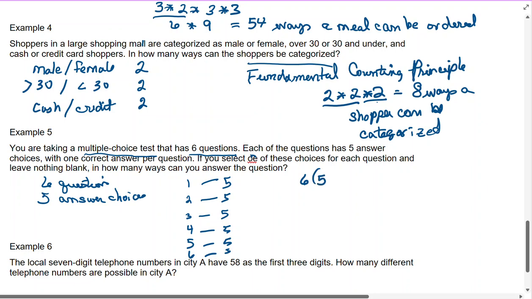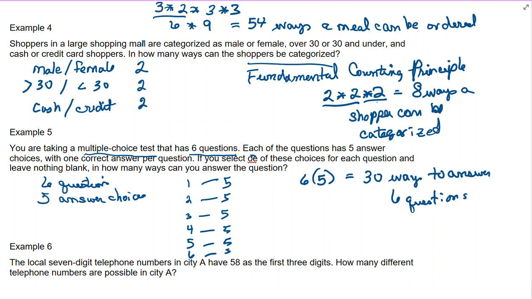Those are set, like an area code. How many different phone numbers are possible in city A? And I remember they have 7 digits.